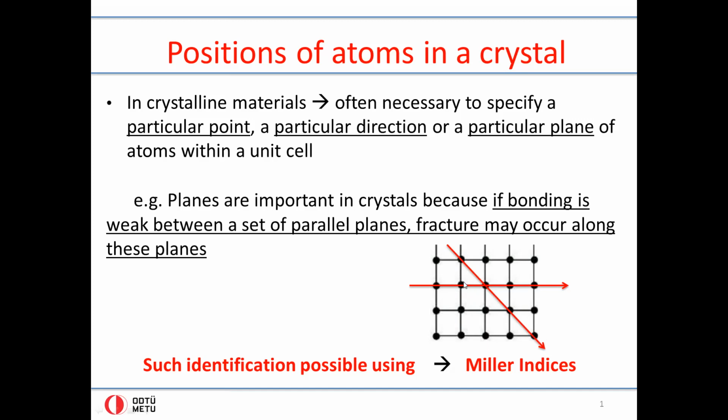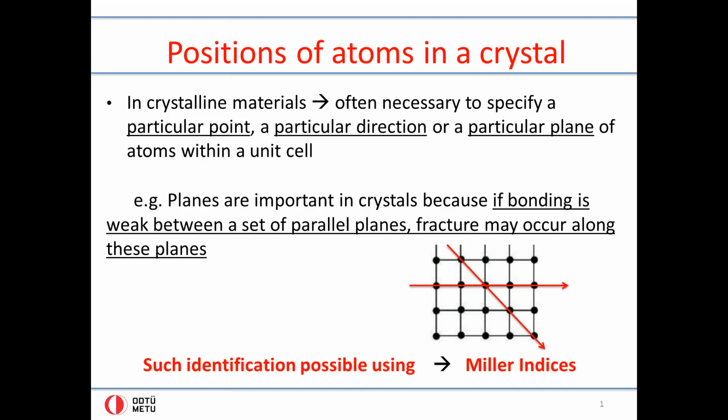Here, if you just focus on the distance from this point to this point, it is equivalent to the side length of this square, whereas this is the diagonal, hence it's square root of 2 times, almost 1.4 times greater in length, but the same number of atoms. So you can imagine that along this direction there are fewer atoms per unit length than along this direction, indicating that the crystal must have different properties along these 2 directions.